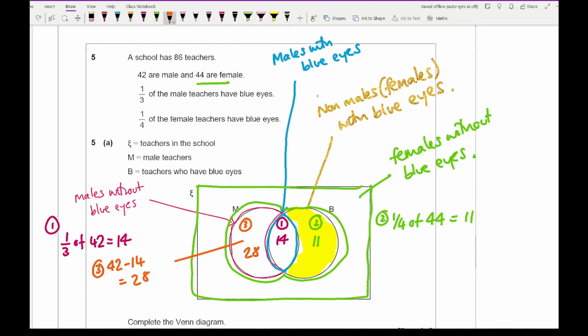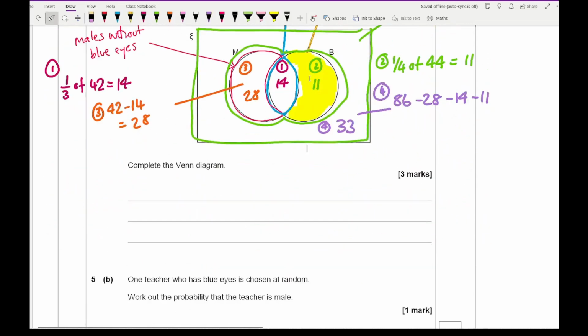And then looking at the total, well, that's going to be 42 plus 44, which is 86. So then to work out this outside number, do 86, take away 28, take away 14, take away 11, which leaves me with an answer of 33. So if I just write number 4 there, and there I've completed this Venn diagram.